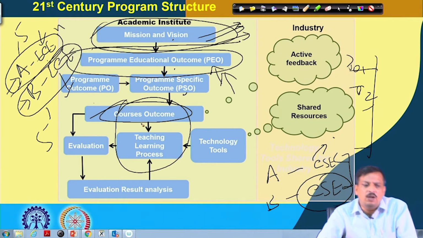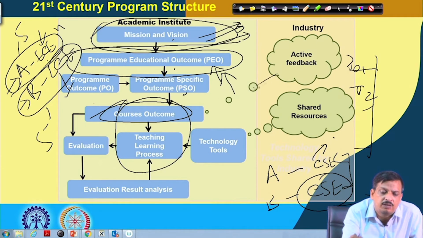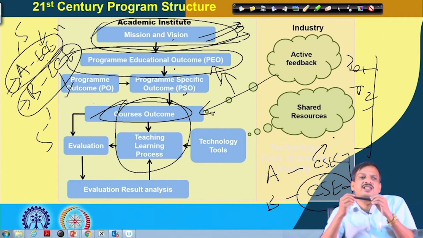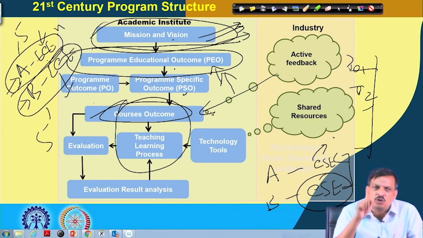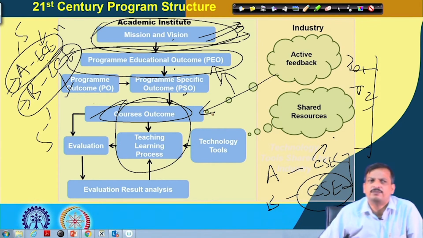Okay. Now, if you see this side, I have mentioned some industry feedback. Why do I want industry feedback here? Suppose institute A CSE offers a course on data structures and algorithms, and the teacher writes some course outcomes, and that institute wants to produce engineers for local industries.